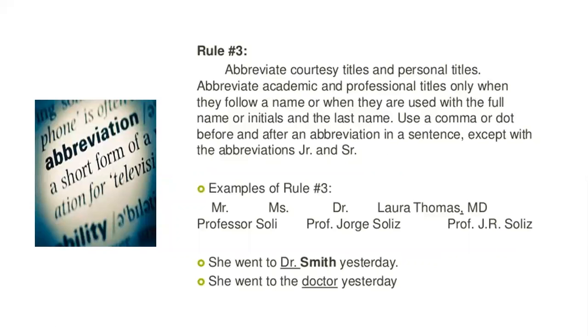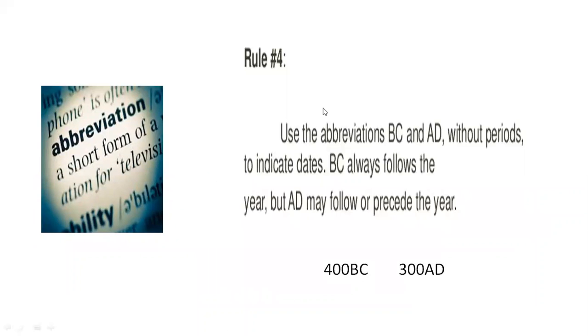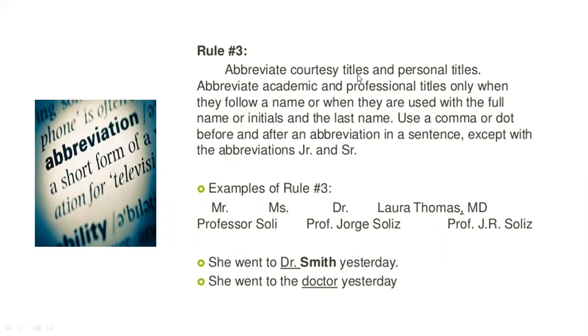The third rule is abbreviate courtesy titles and personal titles. Abbreviate academic and professional titles only when they follow a name or when they are used with the full name or initials and the last name.